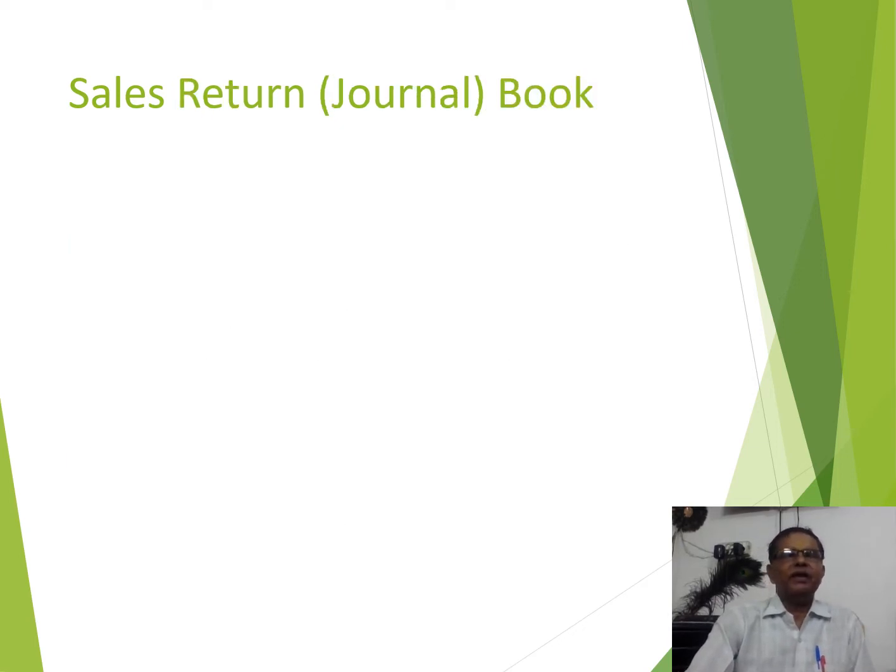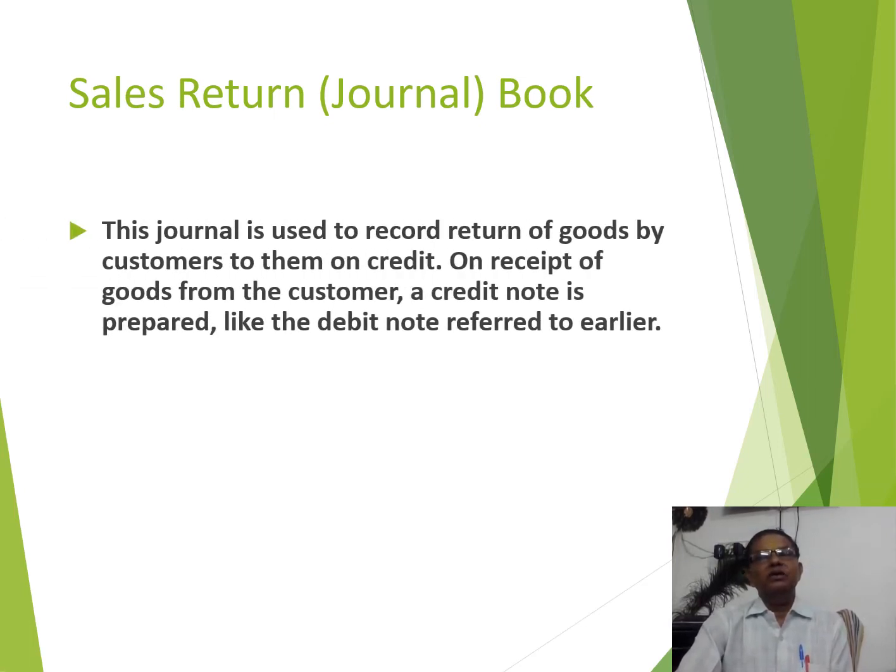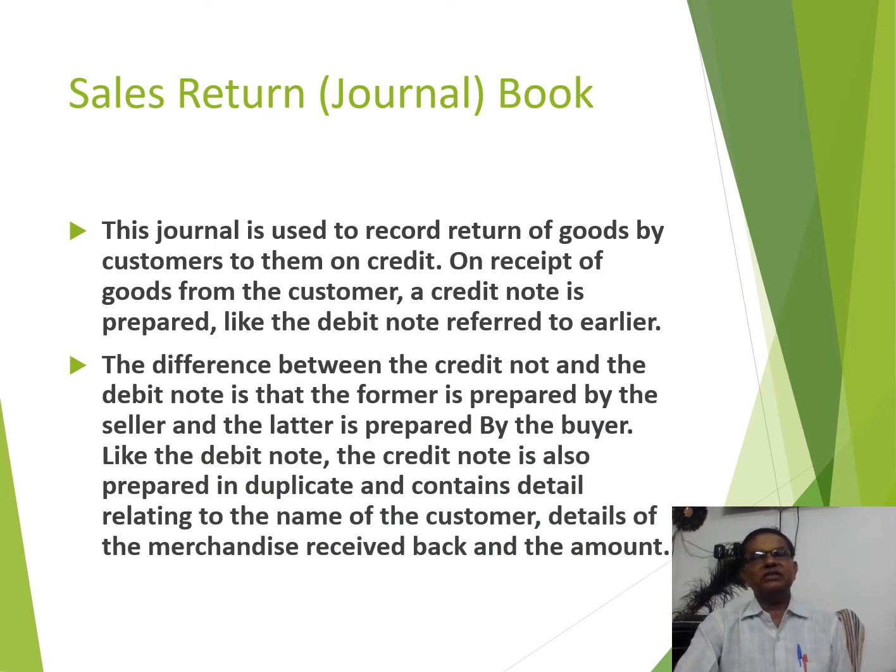Here again we have the next one, the sales return journal book. This journal is used to record return of goods by customers on credit. So this is again like the purchase return book.